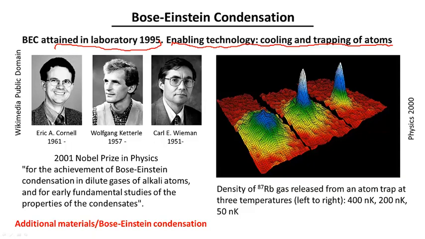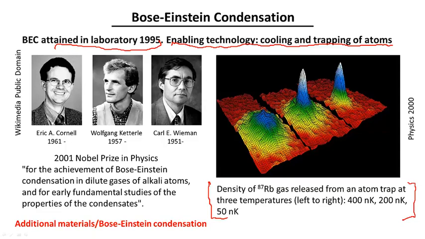And the decisive evidence for Bose-Einstein condensation that was presented then is a picture of the clouds of a rubidium gas after it's released from an atomic trap at 3 different temperatures.